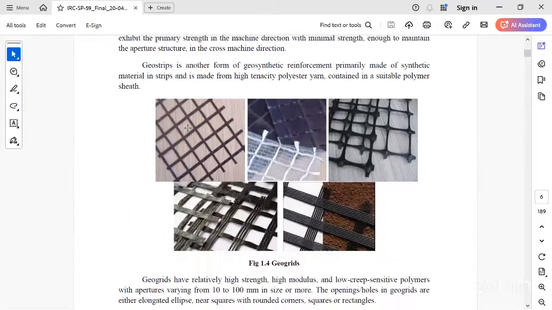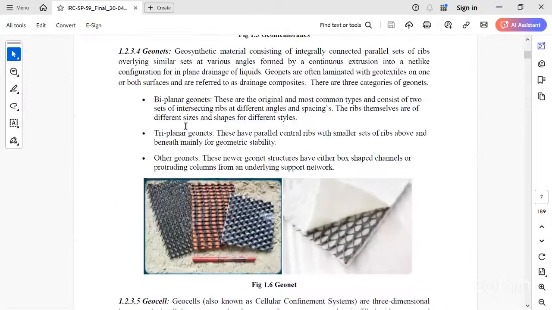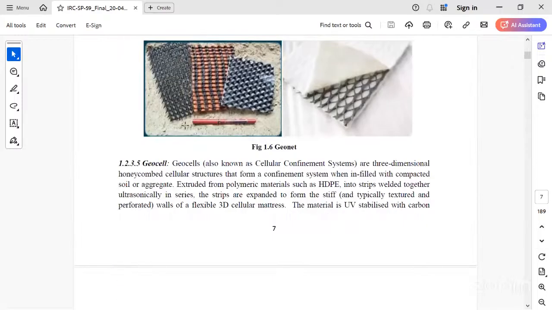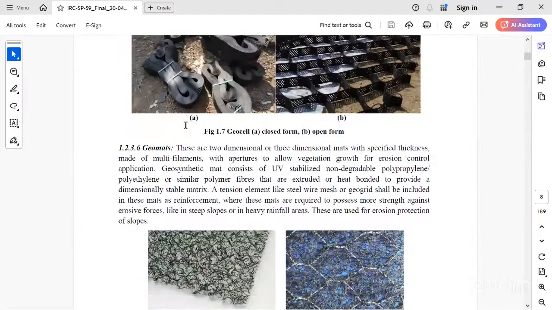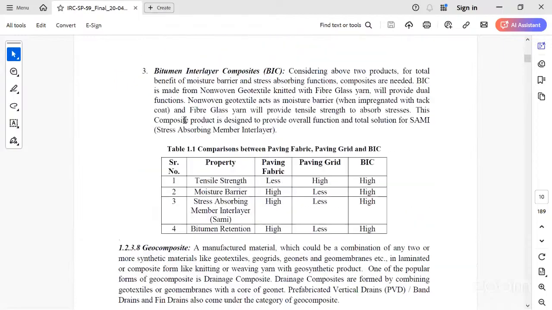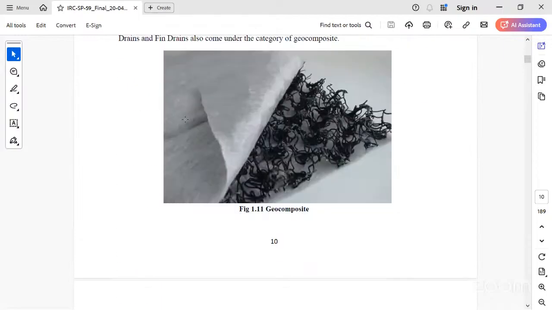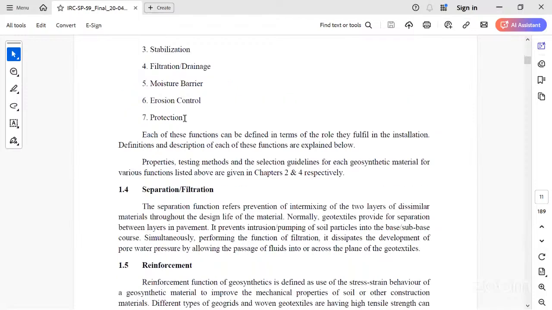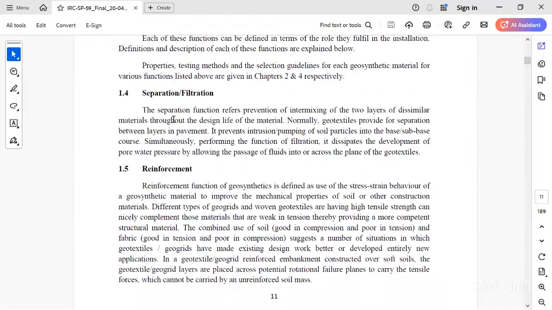And then the geonets, geocells, and so on. See, when it comes to separation, we have a requirement for very high modulus, so we go for a woven geotextile.